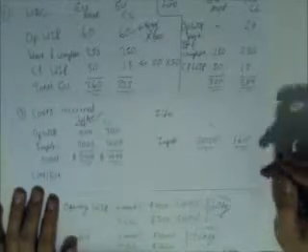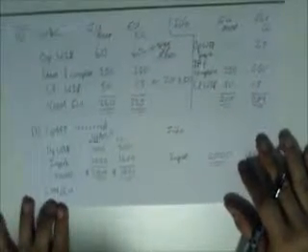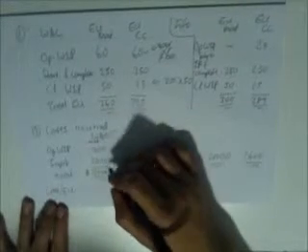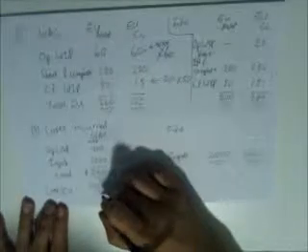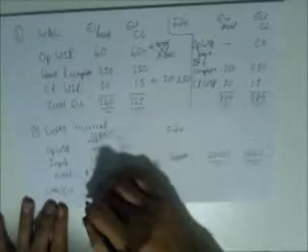Now with these costs available, I'm able to calculate my cost per equivalent unit. How do I go about doing it? It's quite simple. Watch here. My material cost for weighted average is 2004. My equivalent unit for material is 360. Divide, what do you have?